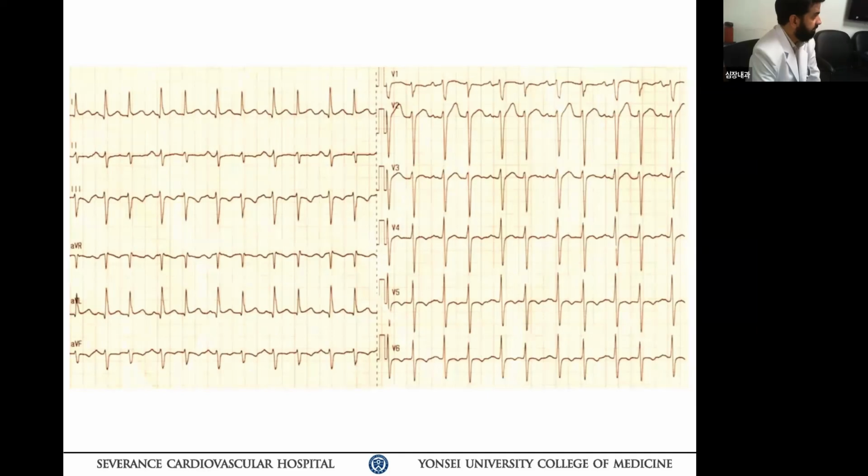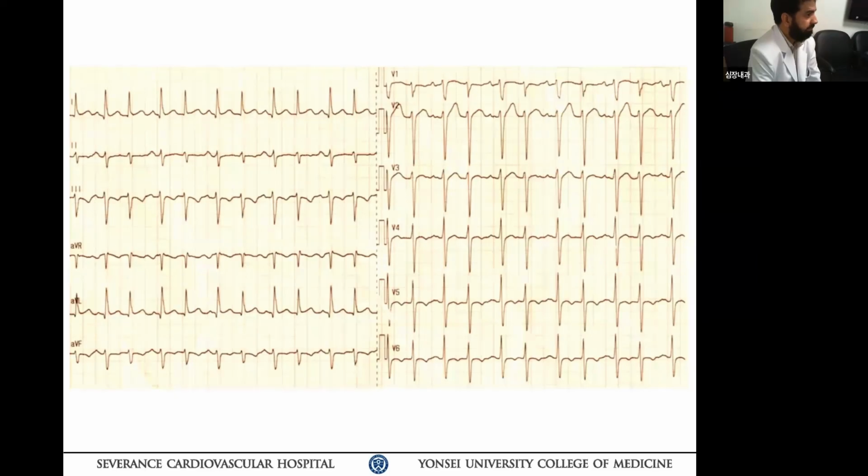And also I can see the atrial premature complex, and also the normal sinus rhythm and the APCs, with different alternance.